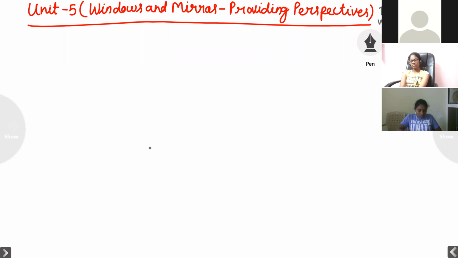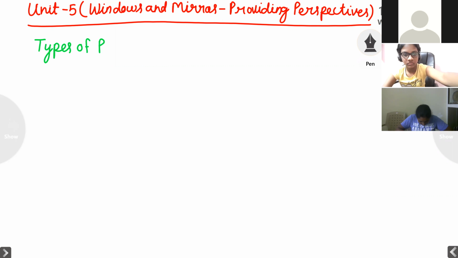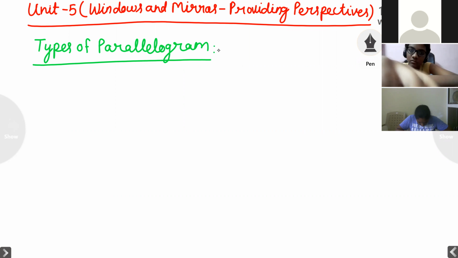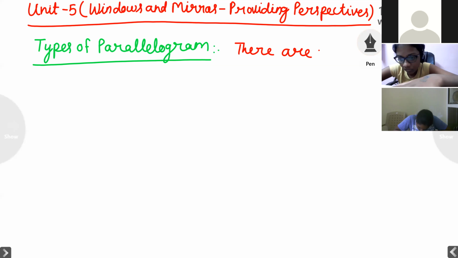Keep heading, types of parallelograms. There are mainly three types of parallelogram.